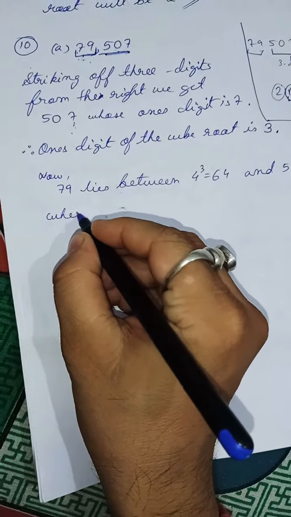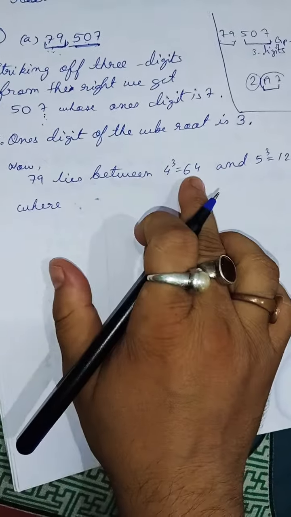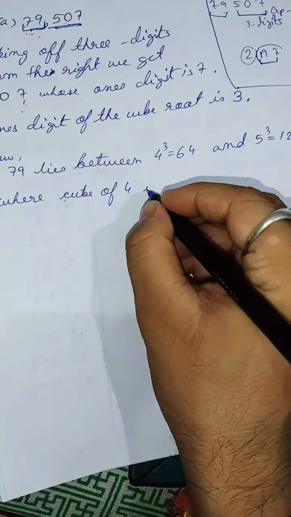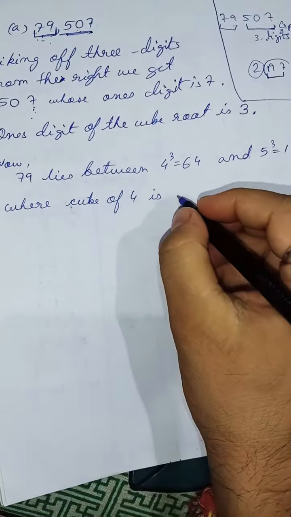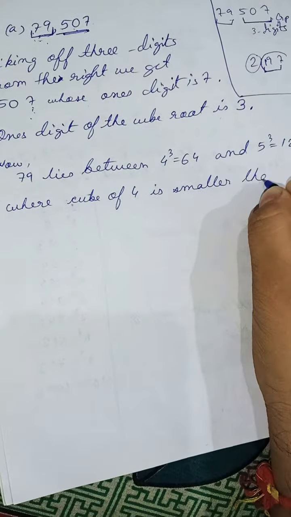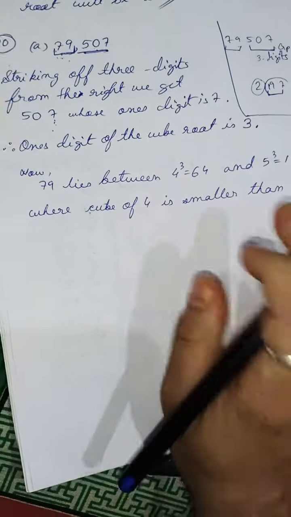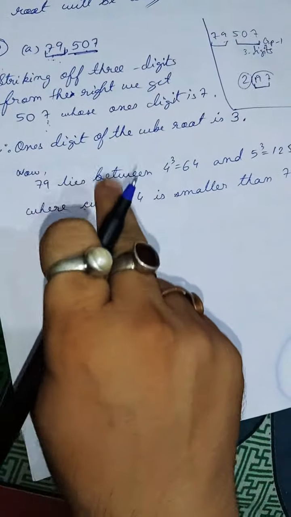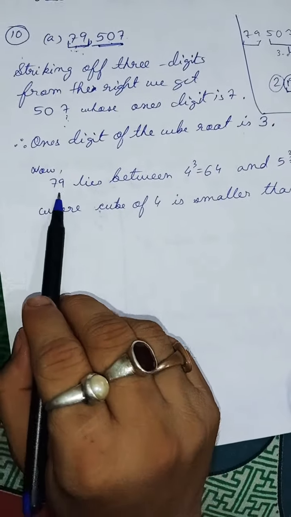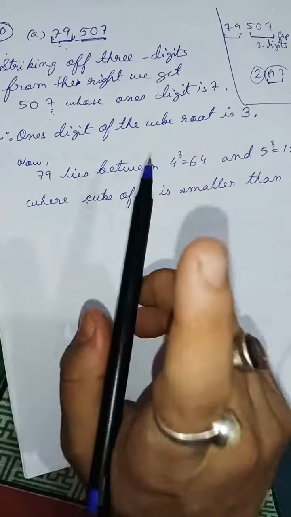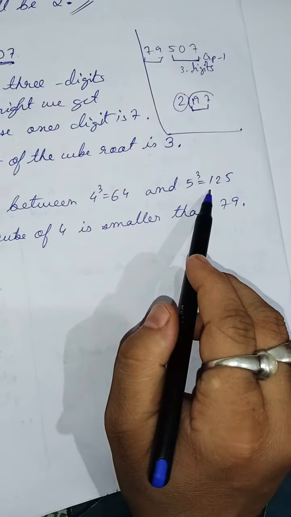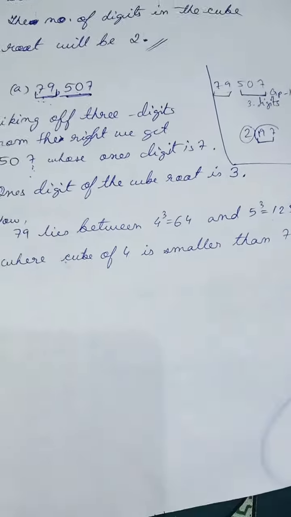Which cube is smaller than 79? 64, the cube of 4, is smaller than 79. Why did I take this in the beginning? When I was discussing this number, I said that this number must be equal to the cube of a number or more than the cube of a number, but not less than. Sorry, I said it wrong.